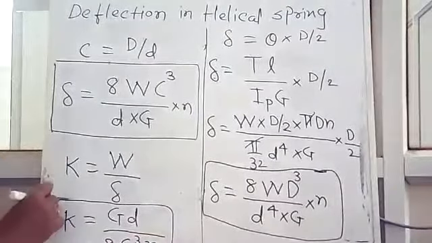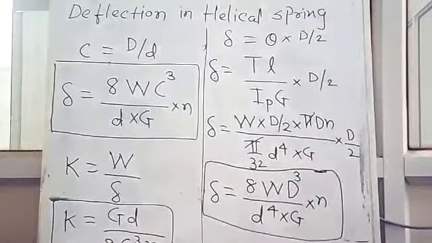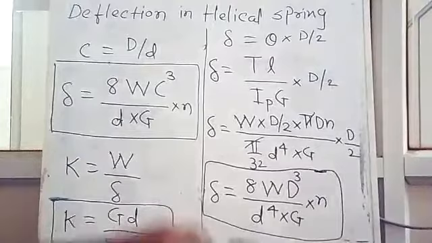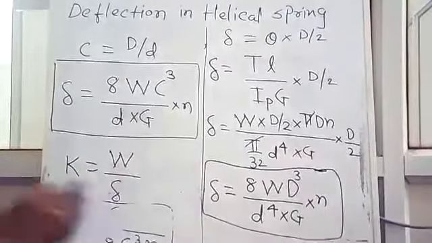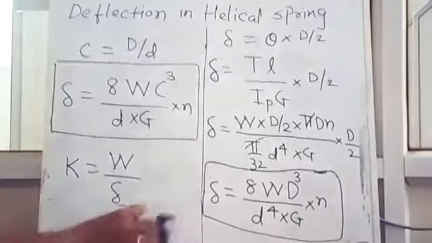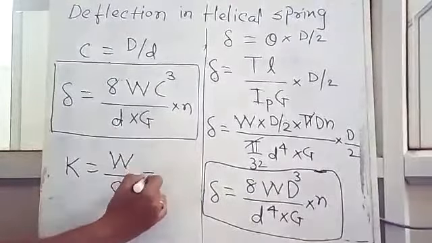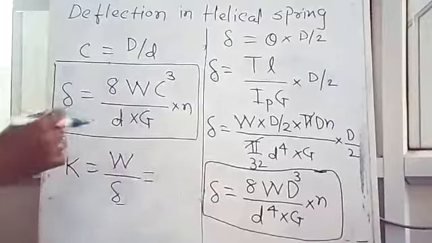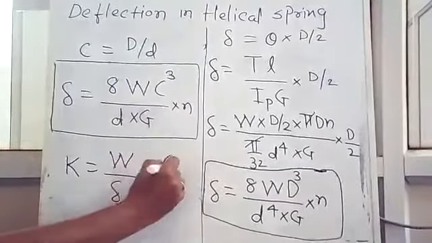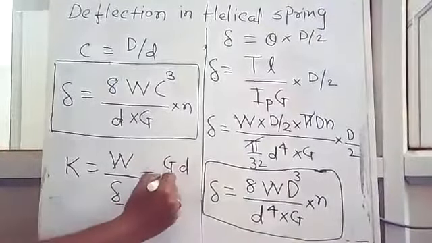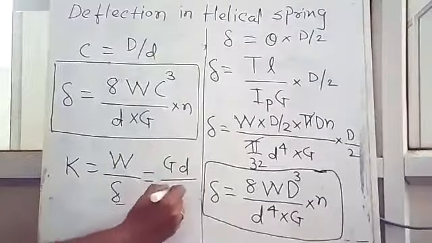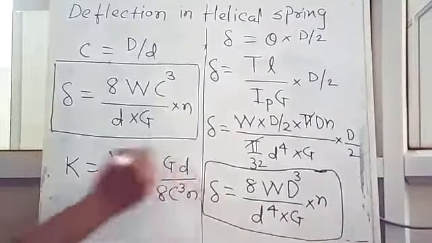This term is always constant. Okay, so this completes our different equations. I will rewrite here. So W divided by delta. So if you put everything here, then this becomes G d divided by 8 C cube N.